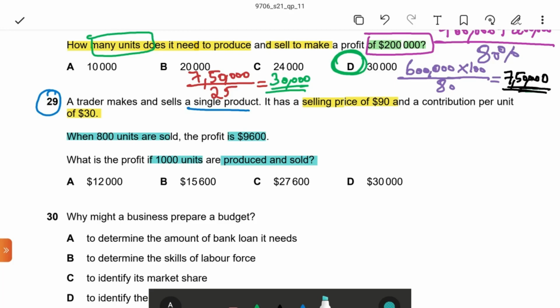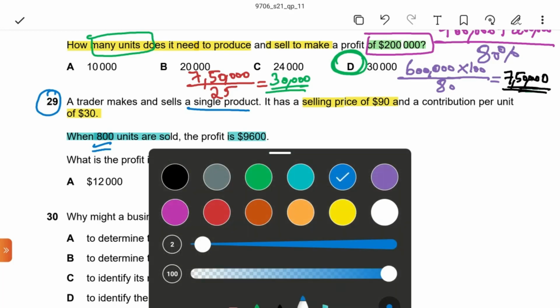So first we have to find the profit ratio, how much they got. So let's see. First, we have to find the cost to produce 800 units. The cost to produce 800 units is equal to 800 into variable cost price. Then we can add the fixed cost. So here, to produce 800 units, what is the variable cost?